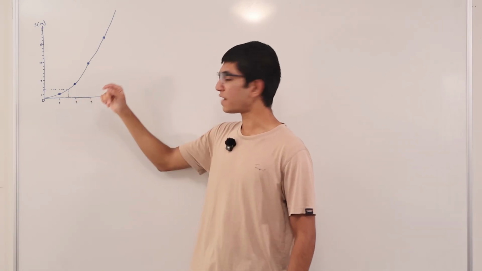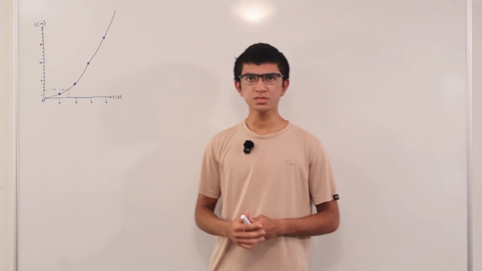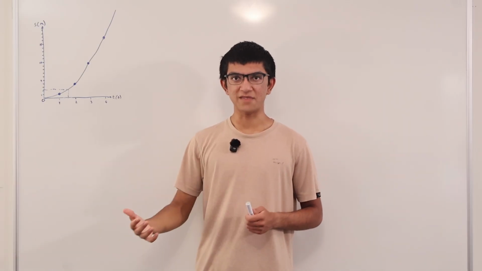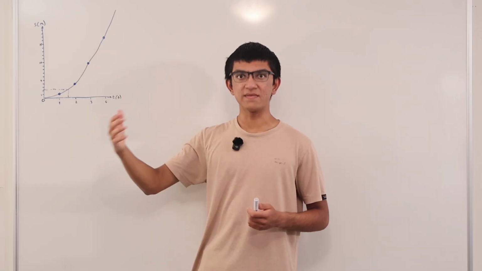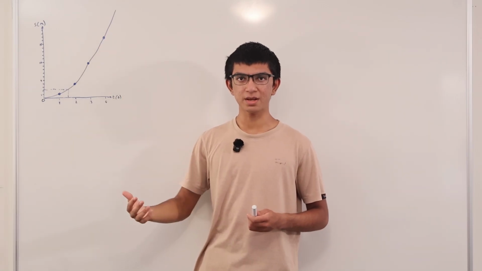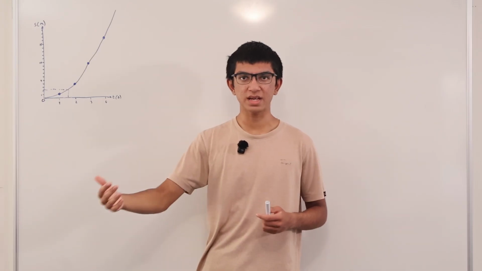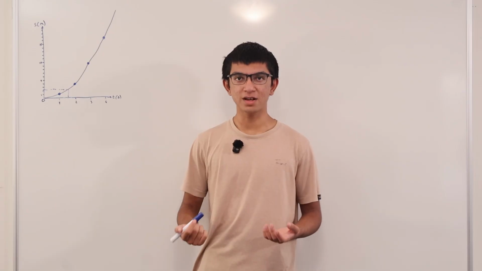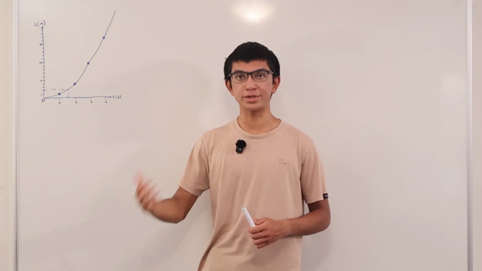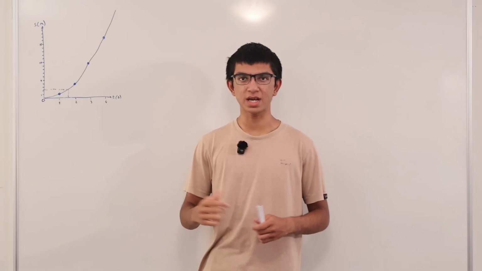The next, 5 meters, and so on. So, there is a velocity because I am moving, and the velocity must be increasing because I'm running farther every second. So that brings us to average velocity, which is given by the change in displacement over change in time.